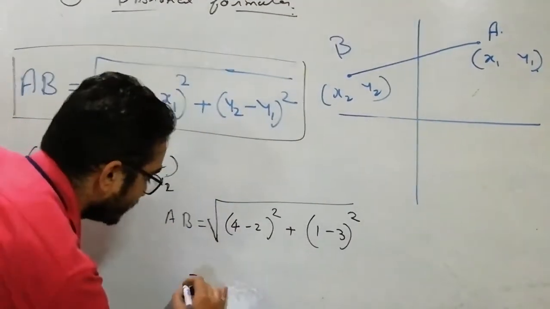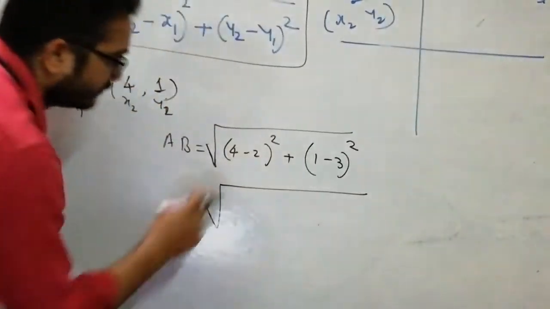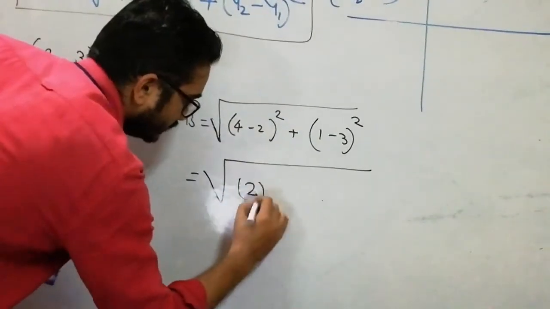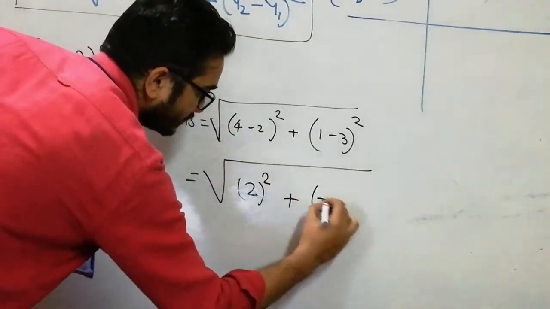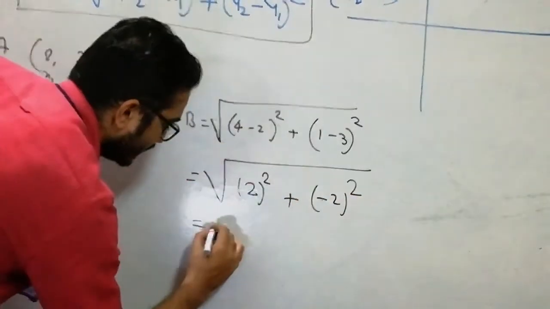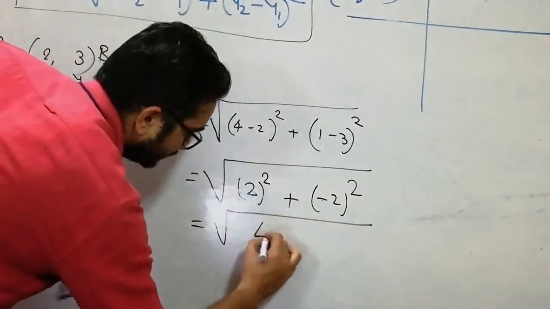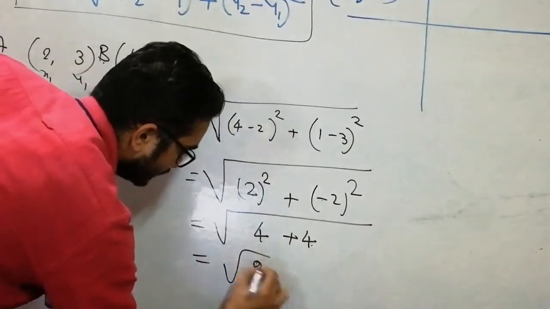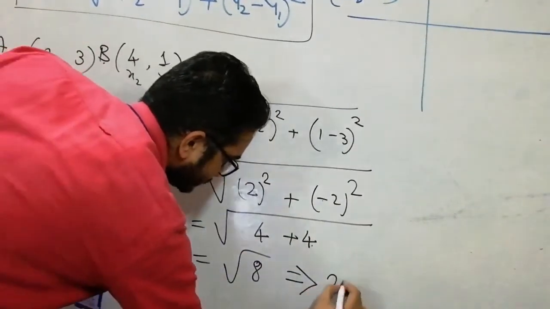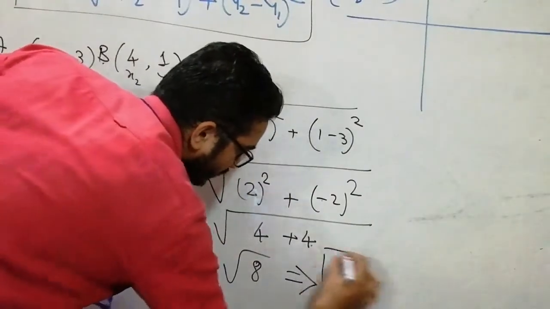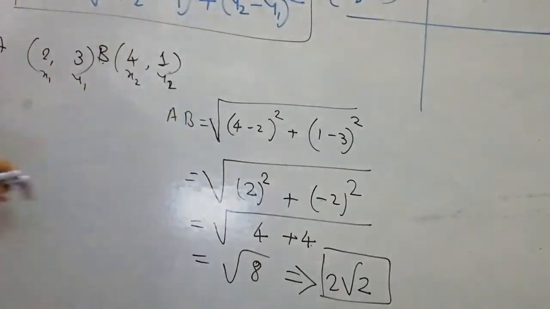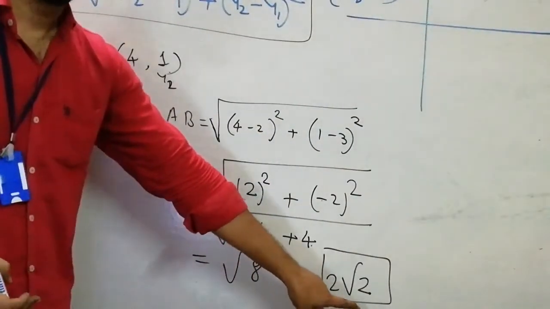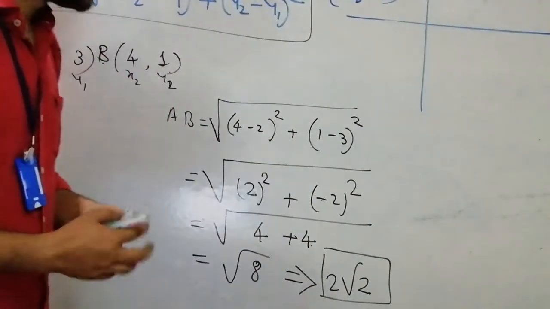Now it is equal to the square root of (4 minus 2), as you can see, 2 square plus (minus 2) square. So you are going to get 4 plus 4, that is equal to 8, which implies 2 root 2. So the distance of A and B is 2 root 2, as you can see from this.